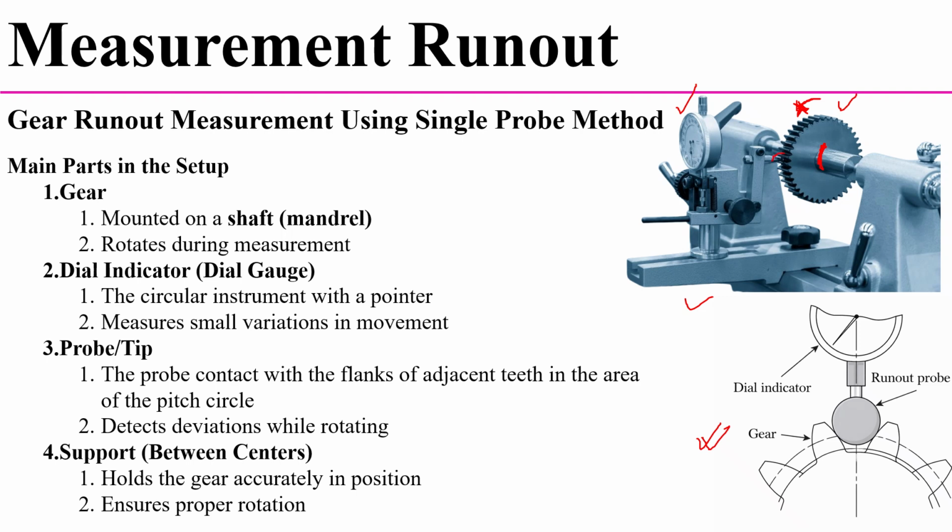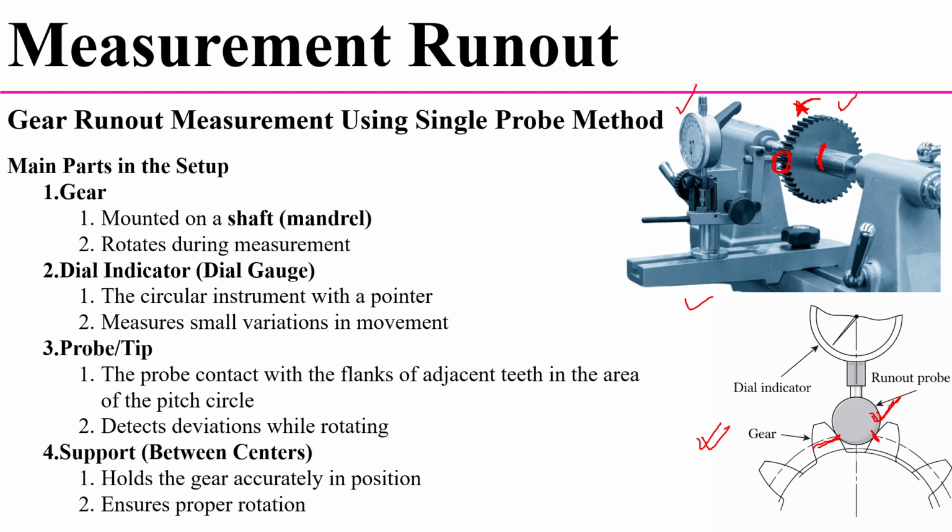And next one is the probe. So this is the probe or the tip. The runout probe contacts the flanks of adjacent teeth in the area of the pitch circle. So here you have to observe, this probe is contacting the flanks of adjacent teeth in the area of the pitch circle.